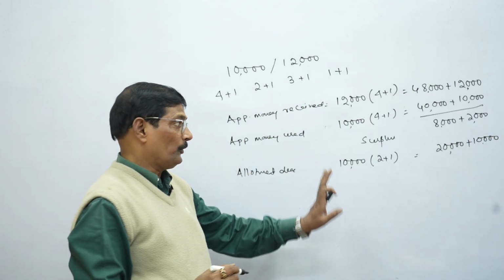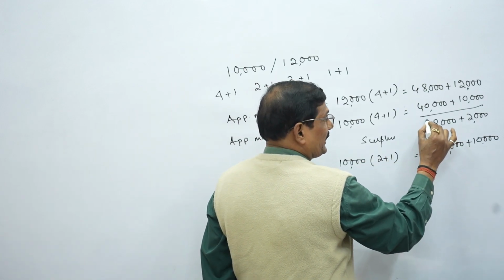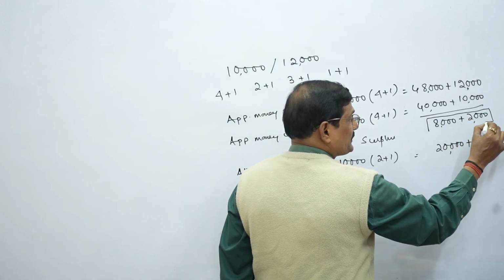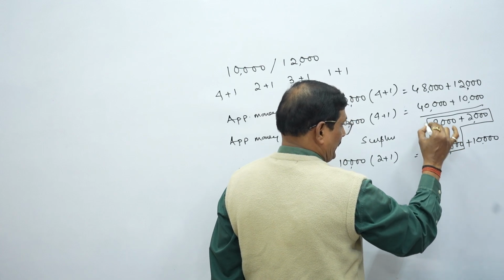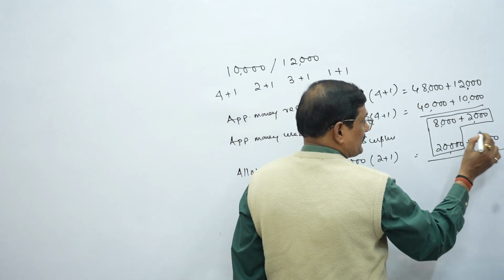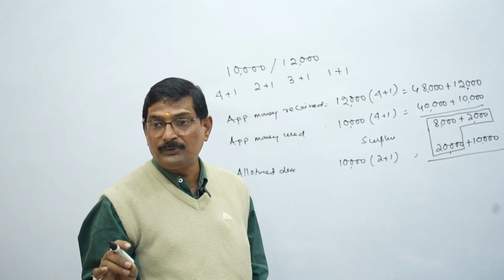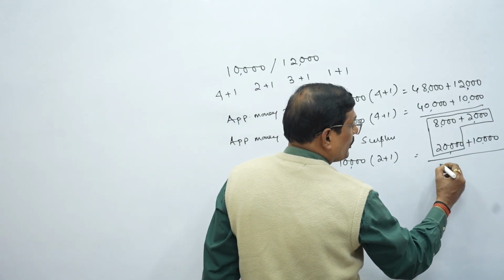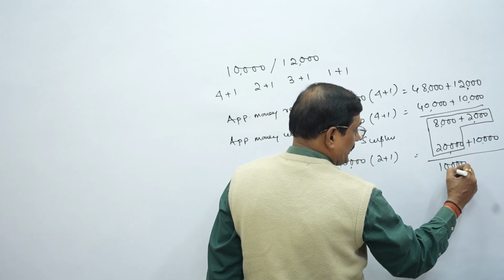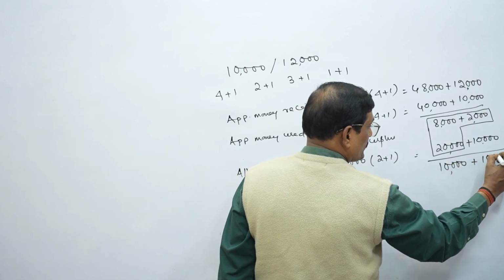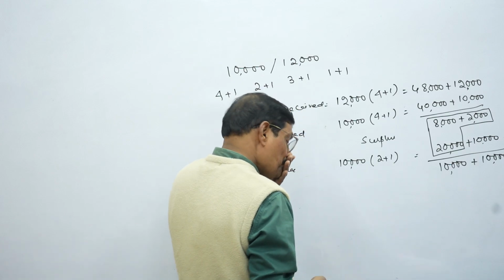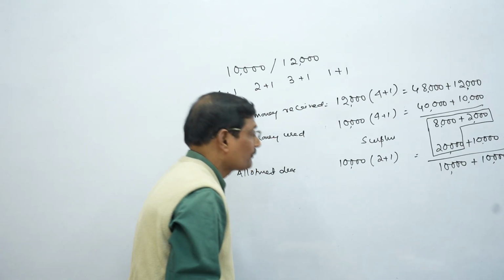Now be careful. Surplus amount, this 10,000 should be adjusted first towards capital. That means the surplus 10,000 rupees will be appropriated towards capital first. So receivable amount will be 10,000 towards capital and 10,000 towards premium. Right?